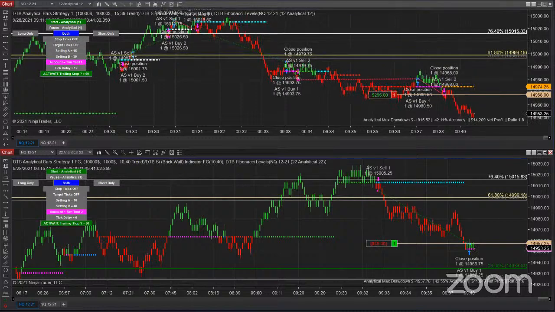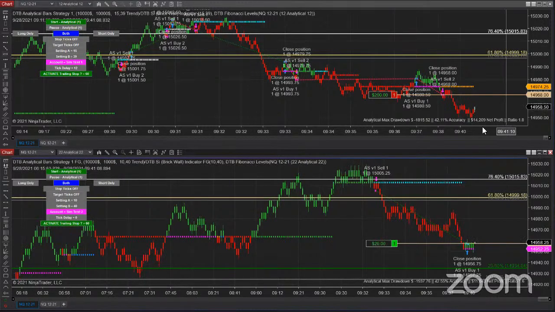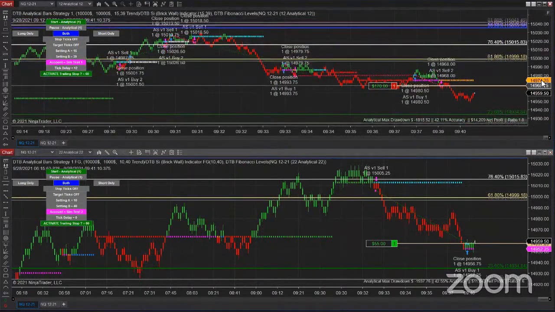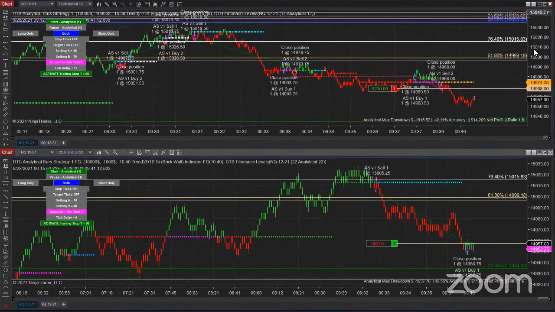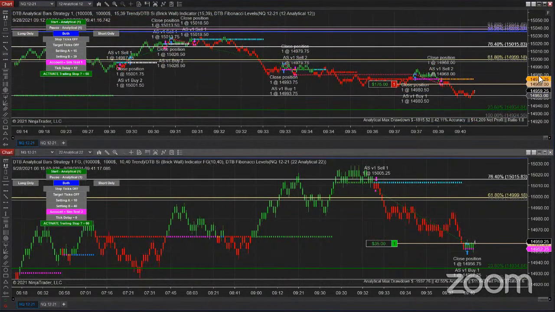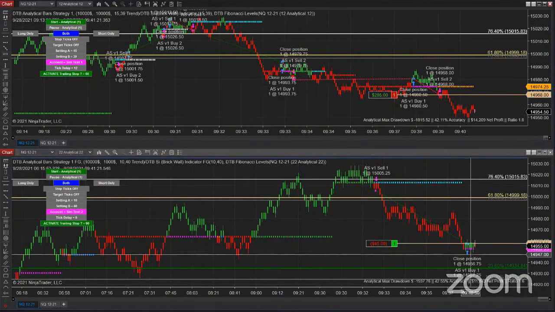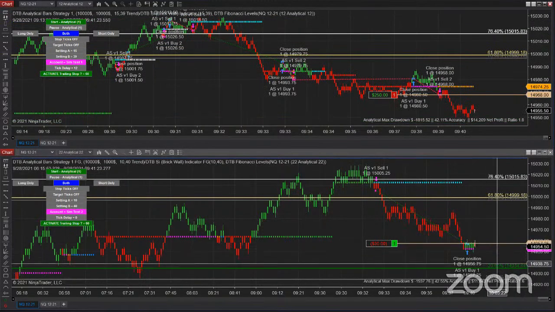And I haven't entered any manual position. This has all just been automated. So we're coming to the 23.6 at the bottom here of the 4-hour chart. We'll see what the price does around this area.